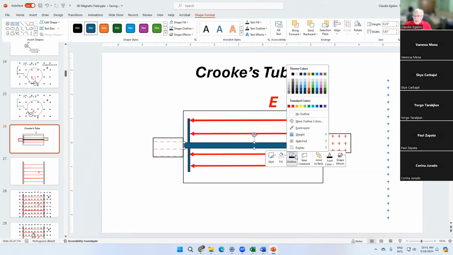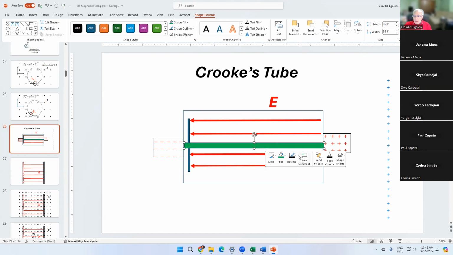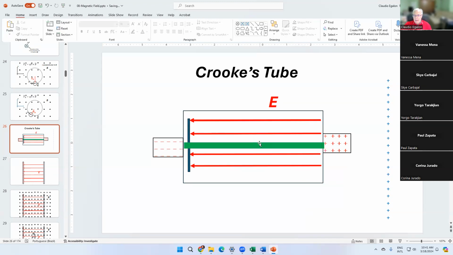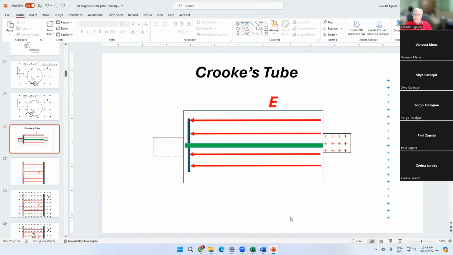I'm going to put it in a green color, this beam of electrons. Like that, electron beam. Did you get the idea? I've got to put also the power supply here.